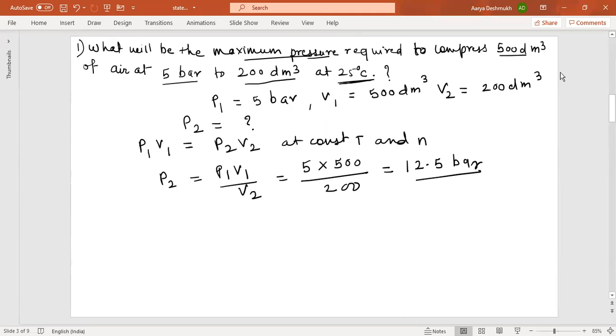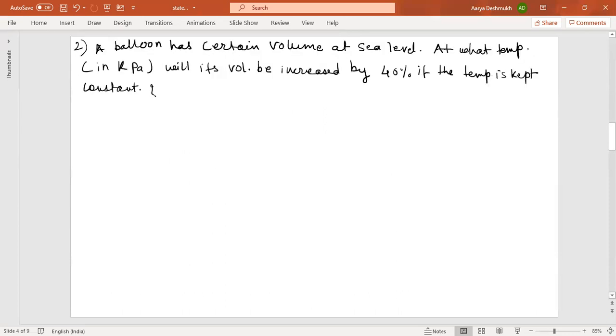Now we'll go for the next numerical. It is written on the slide. A balloon has a certain volume at sea level.